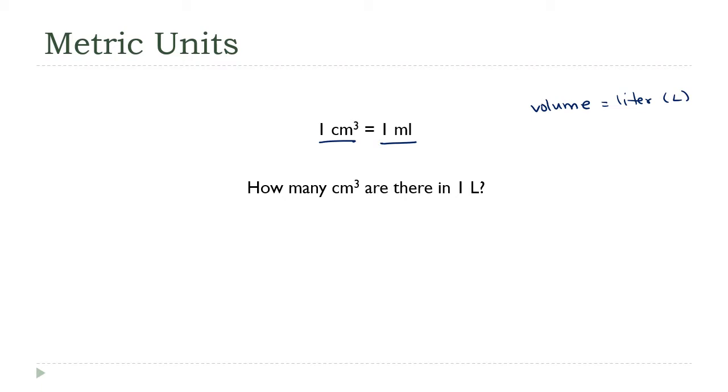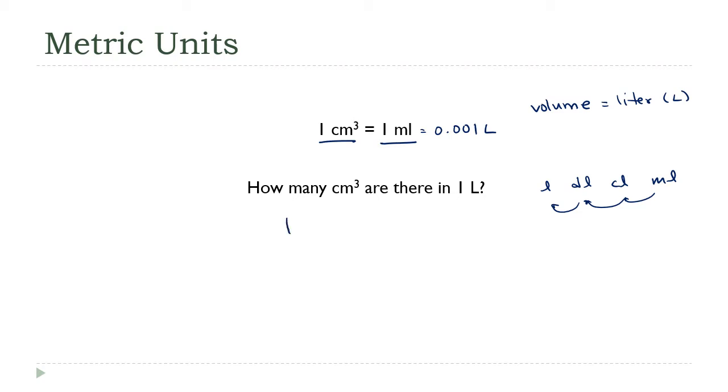Remember how we do this, right? I've got liters, deciliters, centiliters, and milliliters. So if we go from milliliters to liters, I'm going to move the decimal point 3 places to the left. So if I do that, this becomes 0.001 liters.